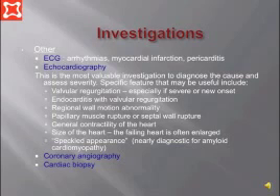When looking at investigations, an early echocardiograph is perhaps the most important investigation to perform and can even be done in the emergency department. The reason for this is that it can look for most of the causes of cardiogenic shock and also grade the severity.